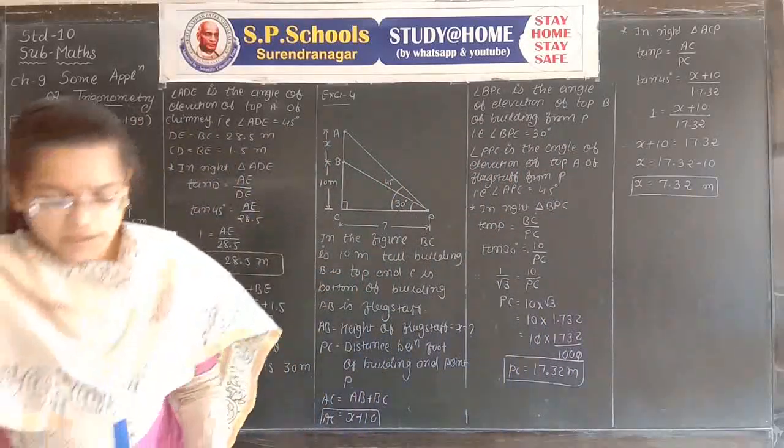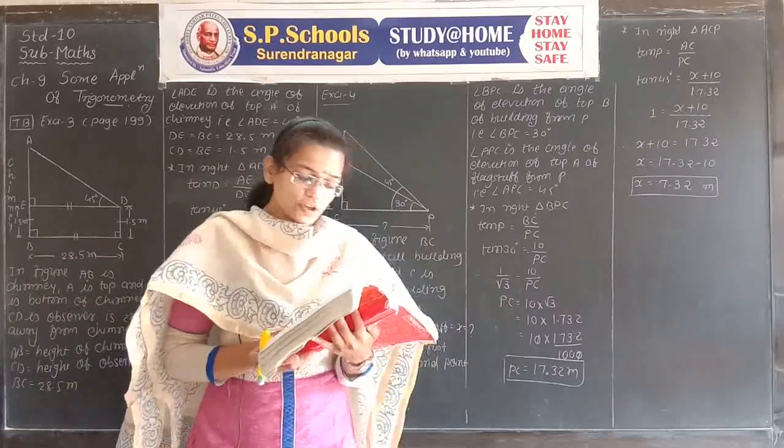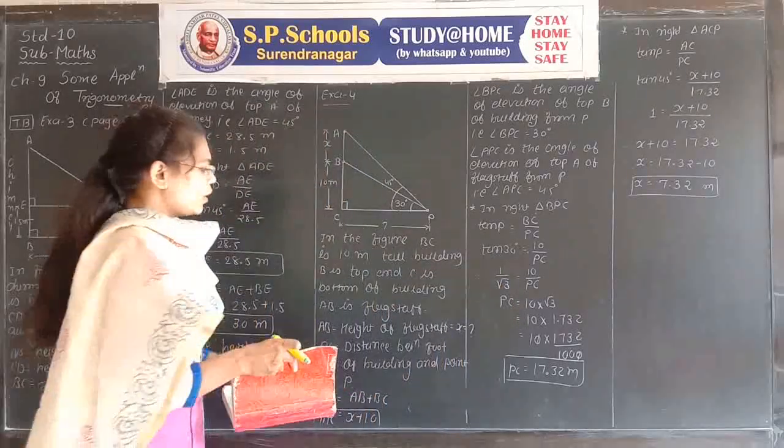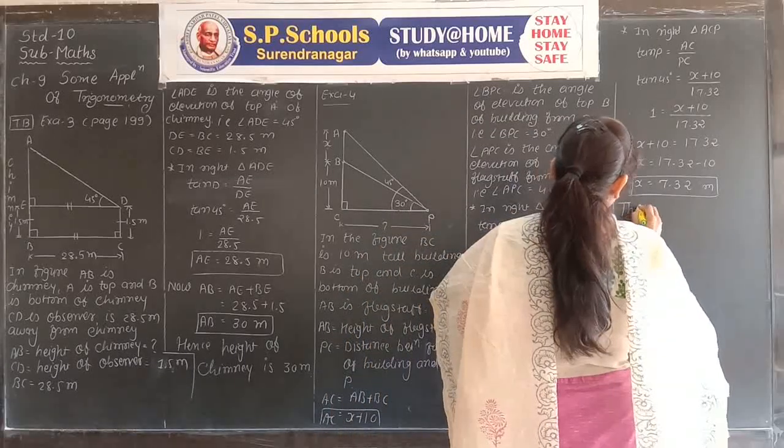Two things we required in this question. One is the length of flagstaff and the other is the distance of the building from point P. Both are obtained here. Please write the answer in a sentence.